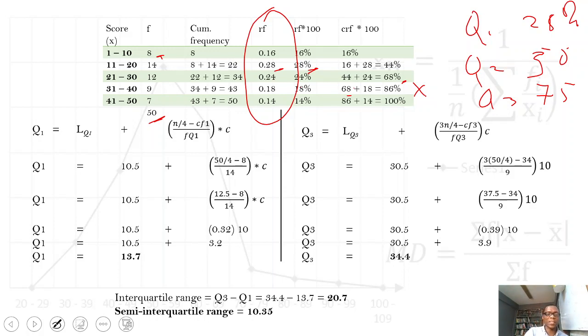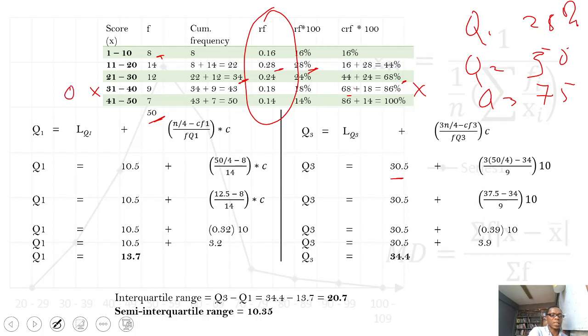So our interest is in this class. So we will ask ourselves, what's the lower class boundary there? The lower class boundary here is 30.5. Add that to 3 into 50 divided by 4, and then minus 34. Where did we get 34? 34 is the cumulative frequency before our Q3 class.